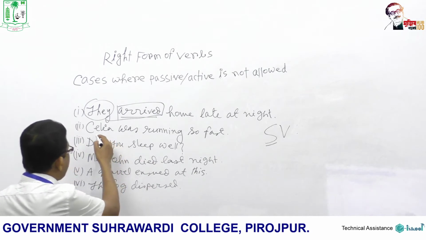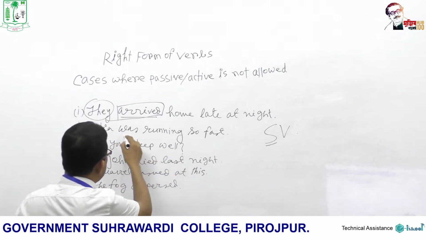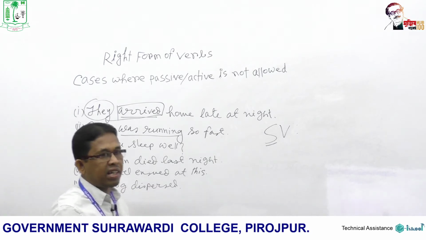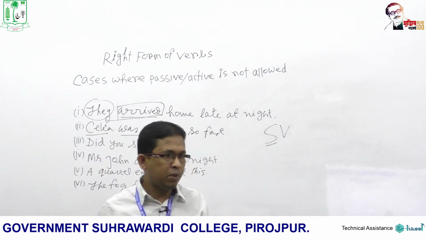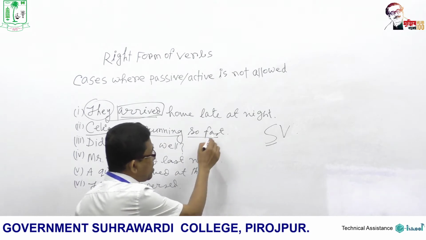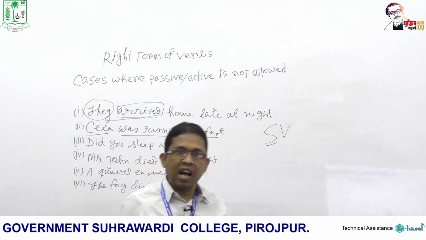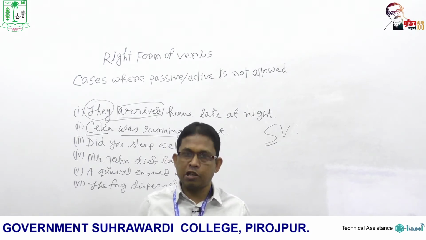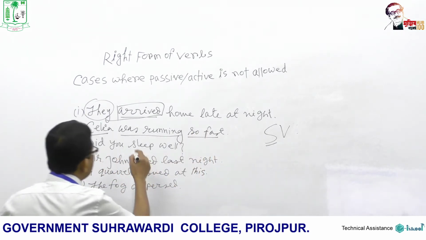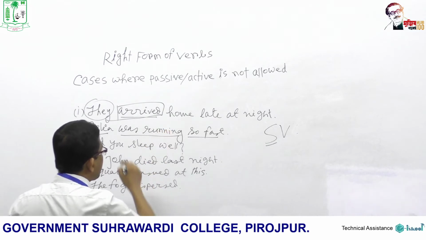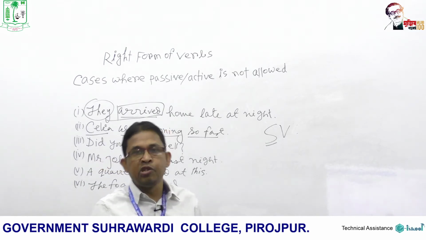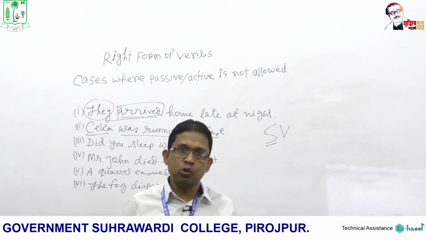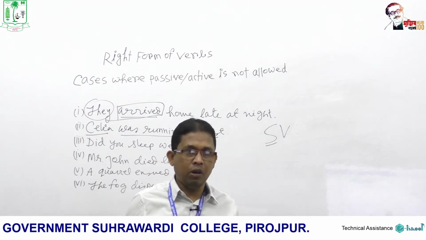Example number 2, Celia was running so fast. Celia is the subject, was running is the main verb, and so fast is not an object. So, run has no object. It is again an intransitive verb. So, arrive and run are intransitive verbs. They belong to the same type of verb.